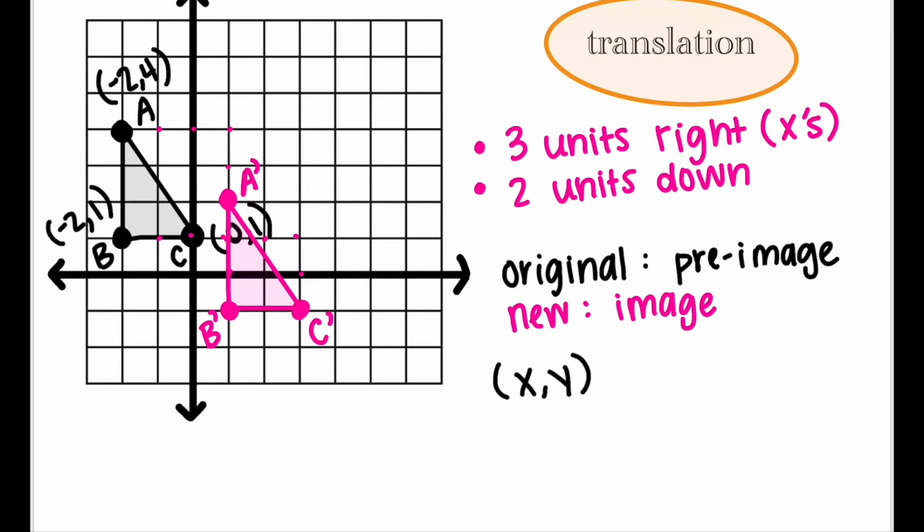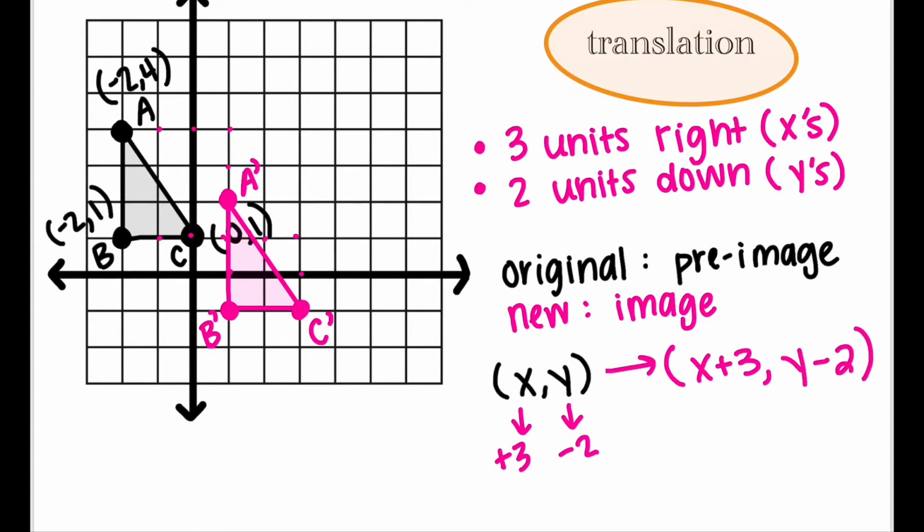If we're moving 3 units to the right, that goes for our x's. If you're moving 2 units down, that affects your y's. So another way of writing that is that your x's increase by 3 and your y values decrease by 2.